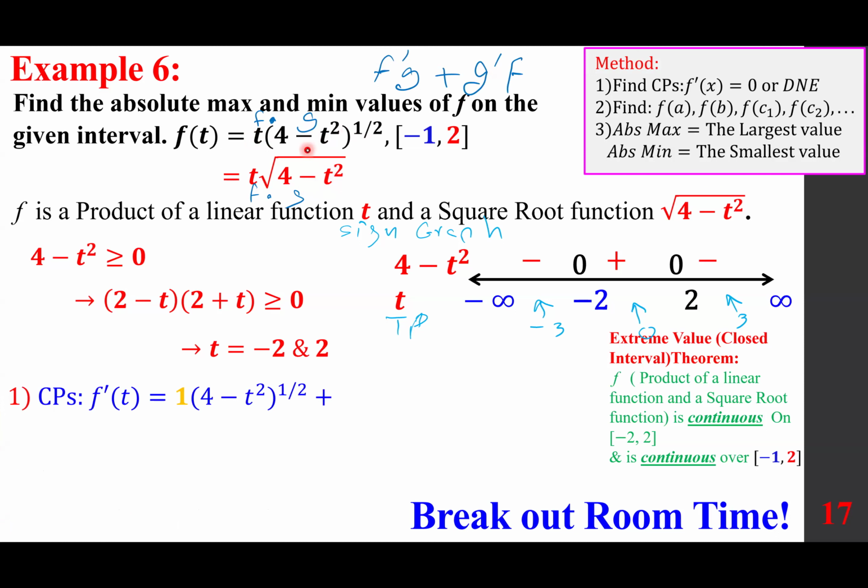The derivative of the second piece uses the extended power rule, 1/2 times 4 minus t squared to the power of 1/2 minus 1, which makes it -1/2. By the chain rule, the derivative of the inside is minus 2t. So again, 1/2, 4 minus t squared to the power of -1/2. The derivative of the inside is minus 2t.